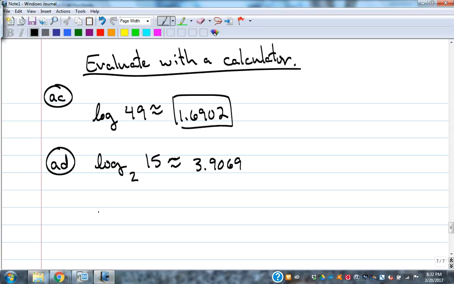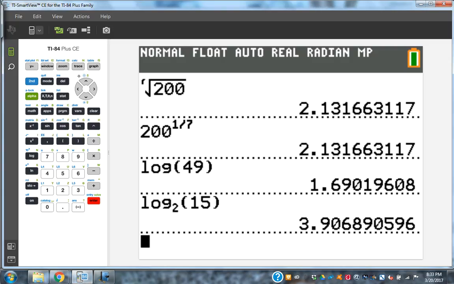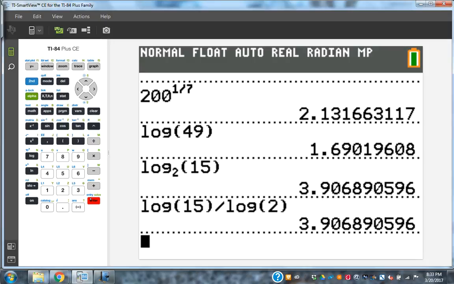All right, the other way would be to do log of 15 divided by log of 2, using that log button on your calculator. So log of 15 divided by log of 2. Make sure you close your parentheses on the one that's on top. If you don't, it'll be wrong. And you notice it's the exact same number. It's about the same number of keystrokes either way, which is why I use that sometimes too.